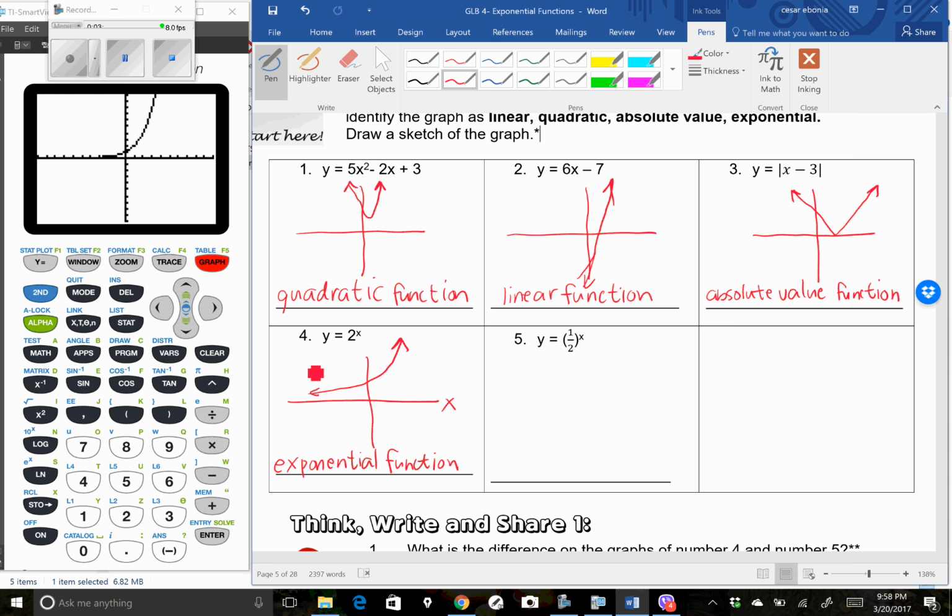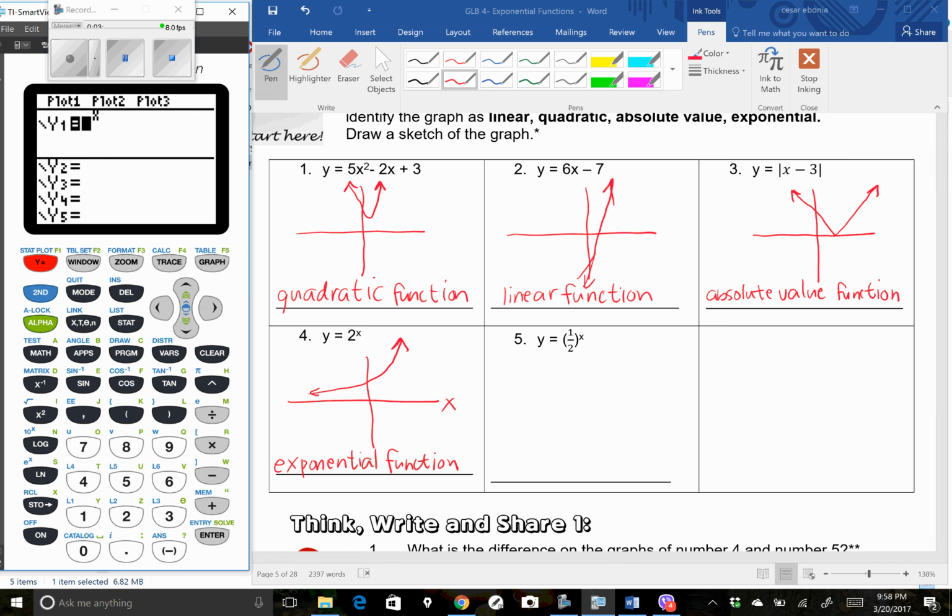And number 5, let's enter that again. So you have y equals 1/2 to the exponent x. So we have parentheses. Now here, I encourage you to learn how to enter a fraction, not just using the division key, but like in a Microsoft Word document.